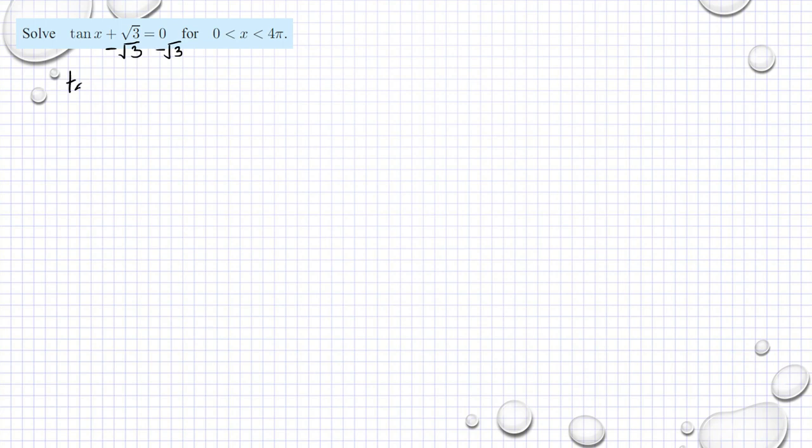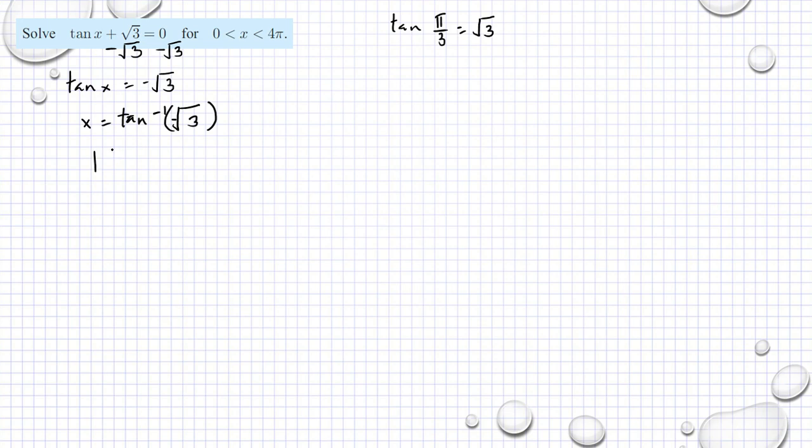Then we have tangent x is equal to negative square root of 3, and x is equal to arctangent of negative square root of 3. And we know that tangent of pi divided by 3 is square root of 3.